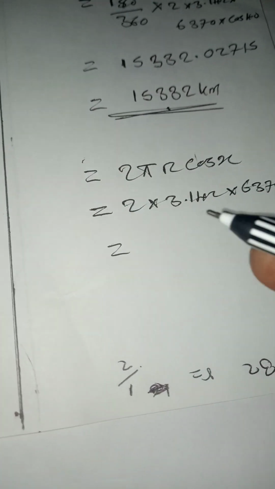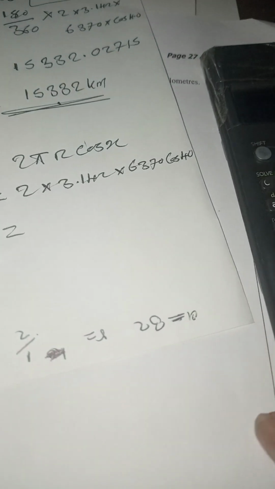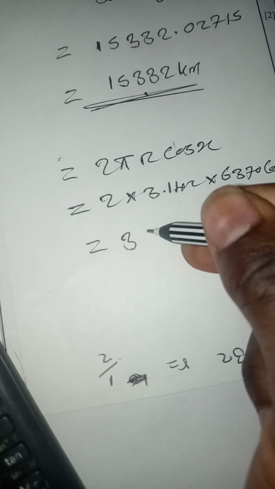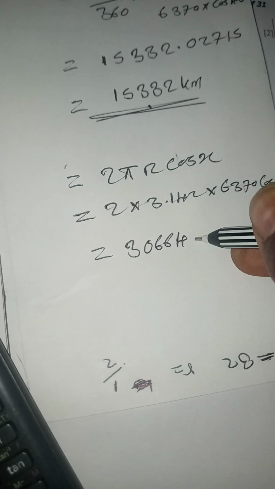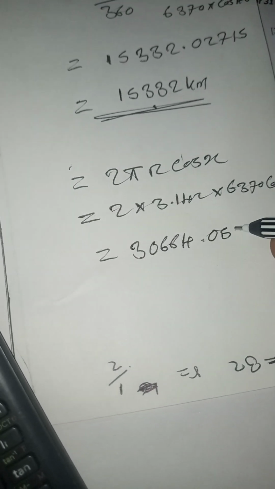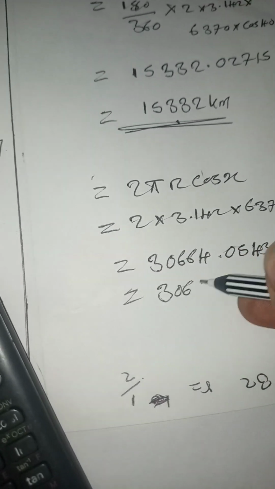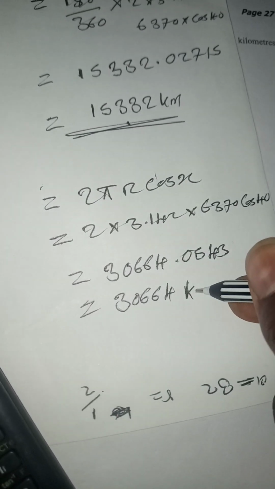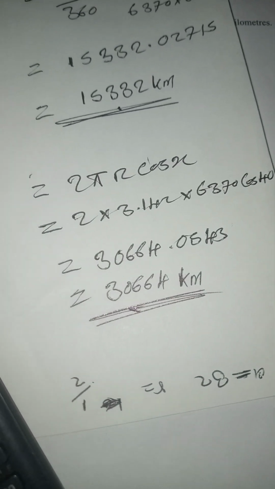So if you multiply this, you can help me in multiplying so that we work together. So my distance is equal to, we round these things off, it's going to give us this. It should be in kilometers. So this is our circumference.